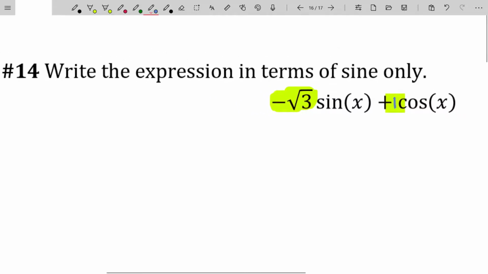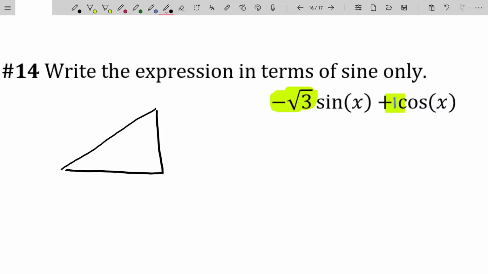Well, you go ahead and pretend as though those are sides of a triangle, and I'll just take that coefficient of the sine there, and since it's a coefficient of the sine, I'm going to use it as the horizontal side of a triangle.